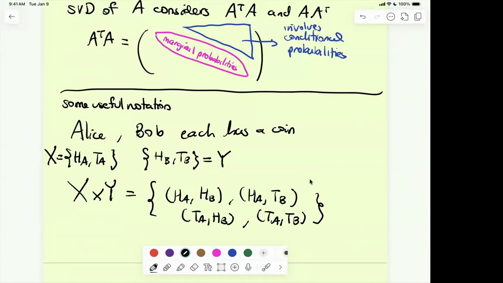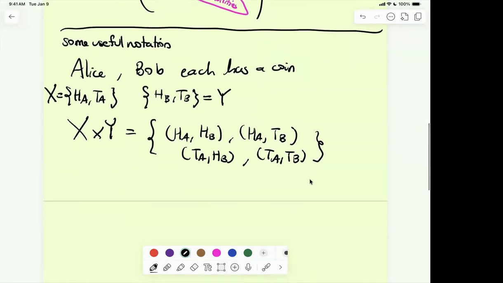And if you have a probability distribution for X times Y, basically what it does is it assigns probabilities to those four events, right?